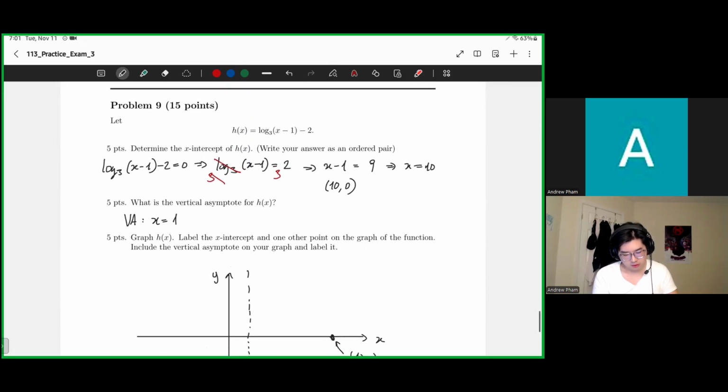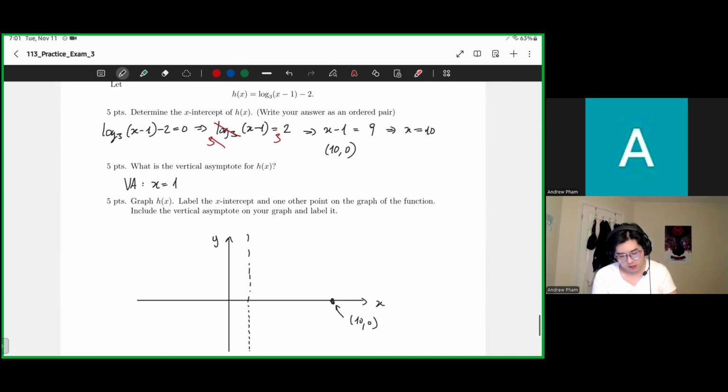So to graph one other point on the function, you want to think about setting the logarithm base 3 of x minus 1, the argument, equal to some power of 3. Why? Because if you set it equal to some power of 3, you can easily calculate the logarithm just by asking yourself, what power do I raise 3 to get the argument?